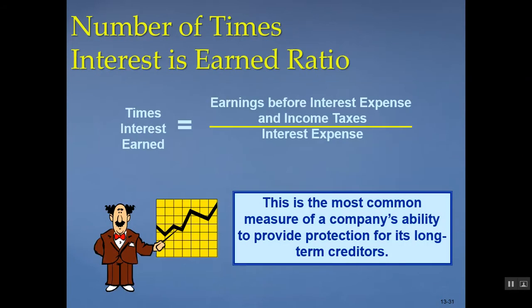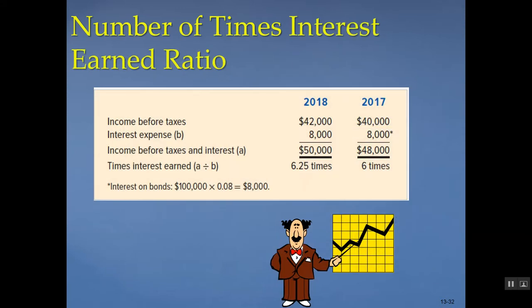The number of times interest earned ratio is calculated as the earnings before interest expense and income taxes divided by interest expense. It is the most common measure of a company's ability to protect its long-term creditors. It's based on earnings before interest and income taxes because that is the amount of earnings available for making interest payments.